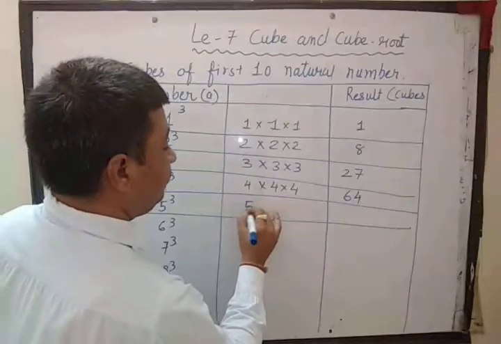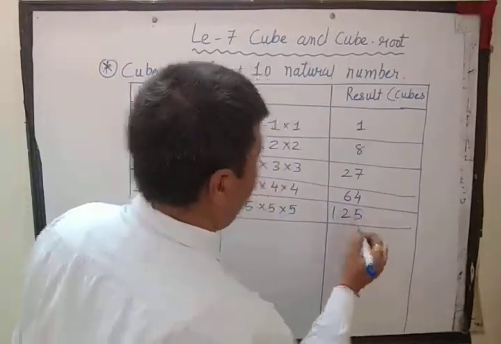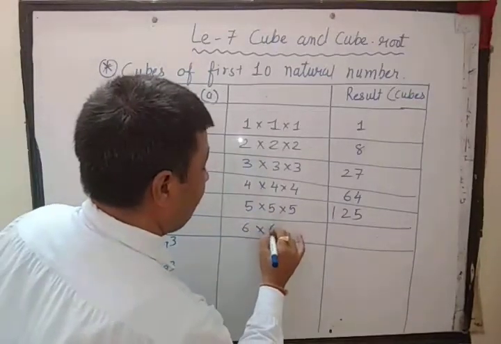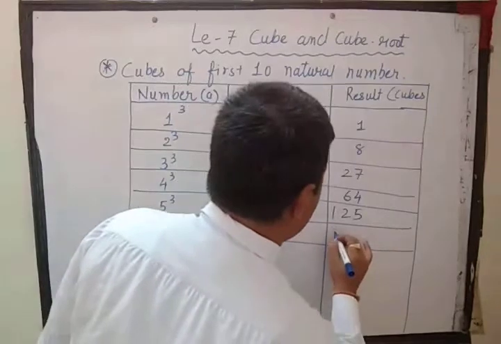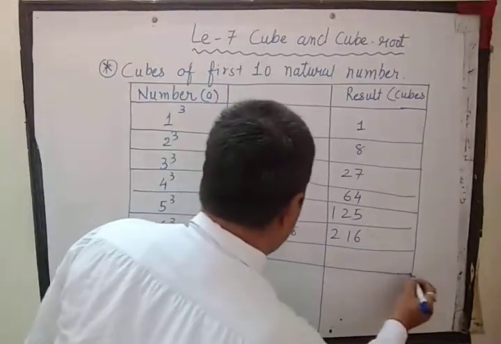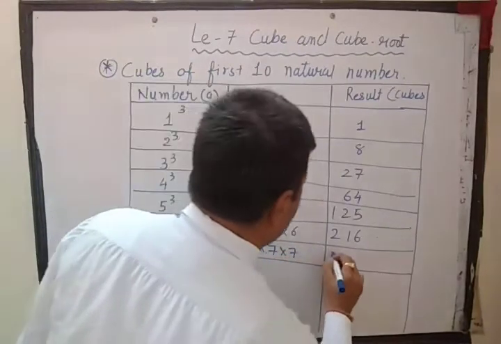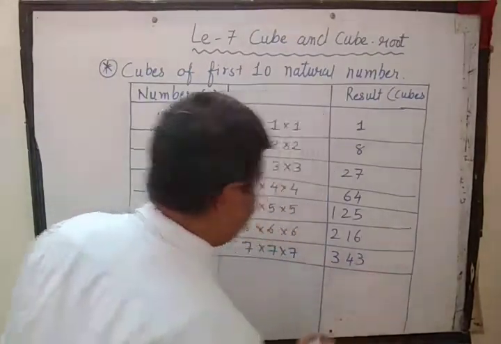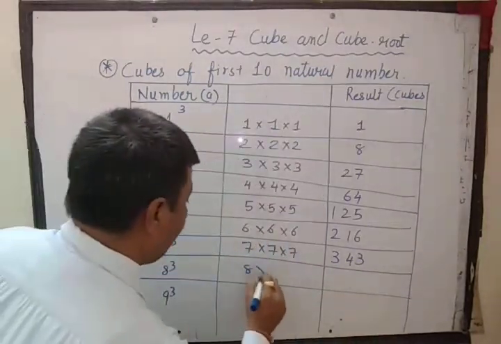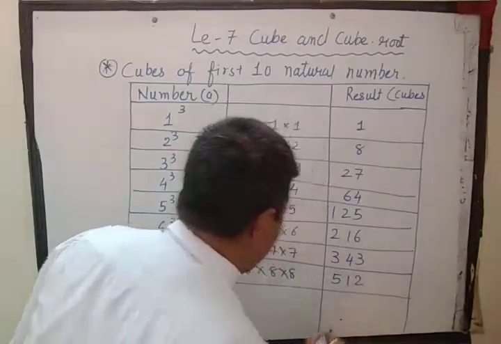Then 5 into 5 into 5 will be 125. Likewise 6 into 6 into 6 is 216. Same way 7 into 7 into 7 is 343. 8 into 8 into 8 is 512.